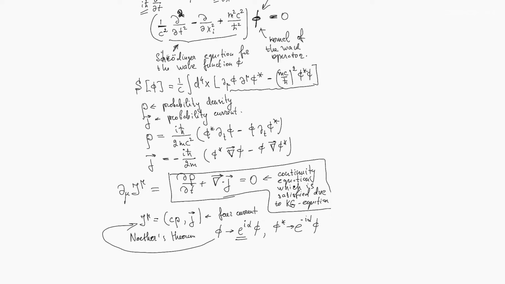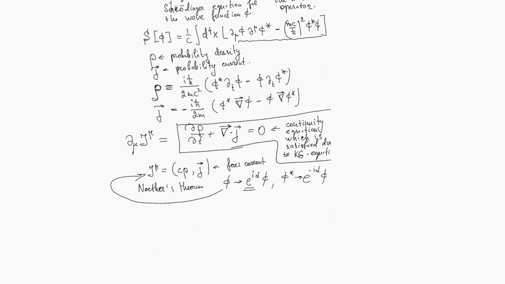So up to now, everything is fine. The problem is, however, that the expression for probability, which you would like to think of as a probability density, is not positive. So rho is not positive. It has a deficiency. Rho is not positive, in contrast to the expression for rho which you have in non-relativistic quantum mechanics.